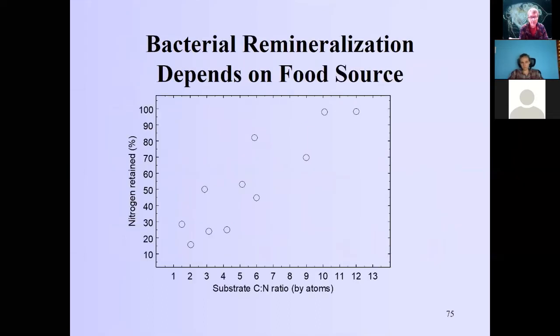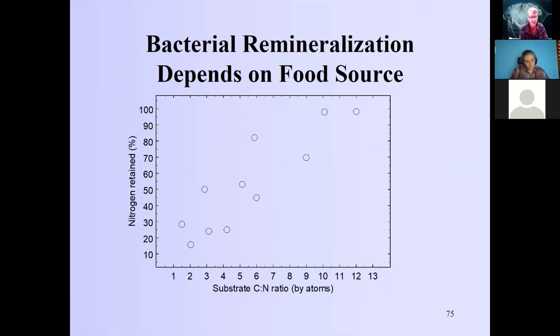So here's an experiment that shows that for bacteria. They used a variety of different amino acids to feed bacteria, and different amino acids have different carbon to nitrogen ratios. Some of them are very carbon rich and some of them are very nitrogen rich. So the ones on this side are richer in carbon and the ones on this side are relatively richer in nitrogen.